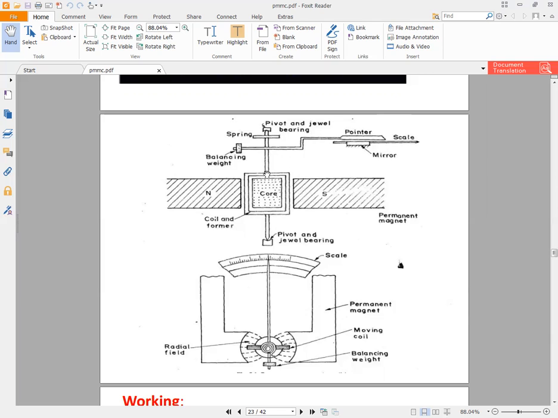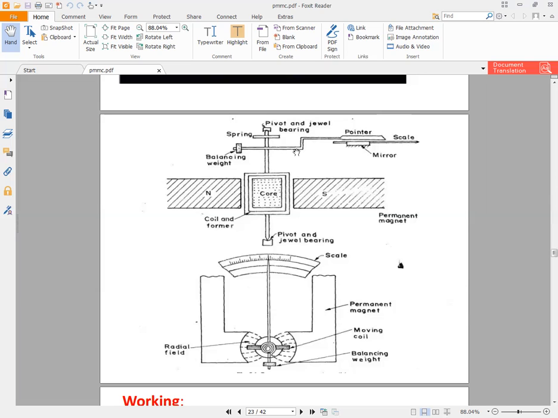It means it is used for the connection between our coil and the incoming and outgoing leads. The inner end of the springs is attached to the spindle and the outer one is fixed to terminals. The main function of this spring is that it produces the controlling torque.